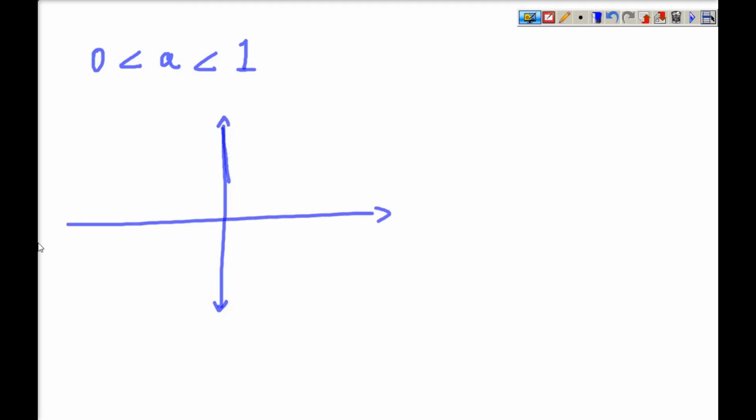So when a is between 0 and 1, the graph will look something like this. We have the y-axis, which is the value of the function, and we have the x-axis.